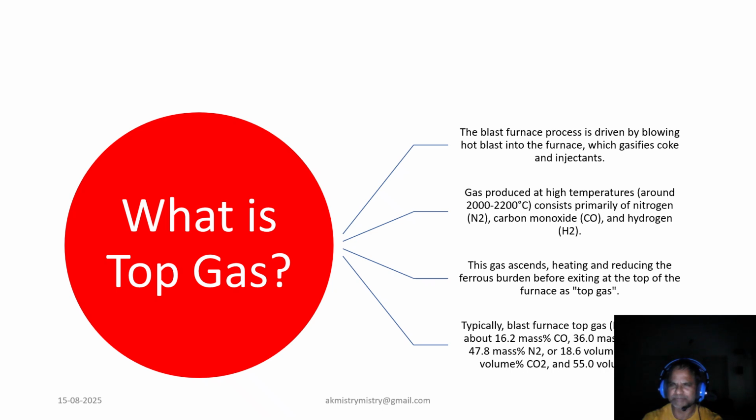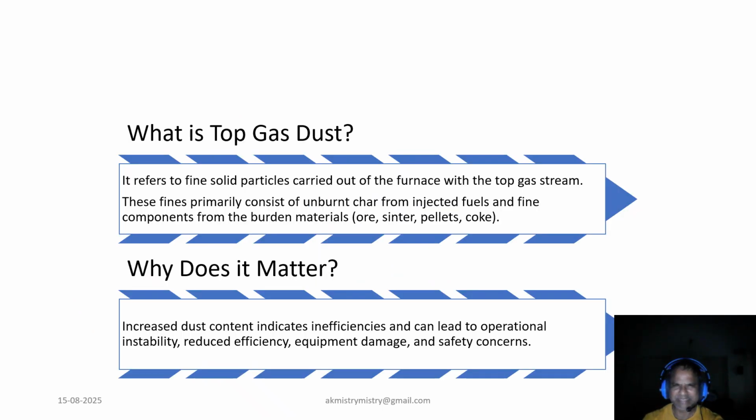Now coming to the top gas dust configuration. Top gas dust consists of fine particles carried out with the top gas stream. These include unburned char from injected fuel and fines from the burden material like ore and coke.